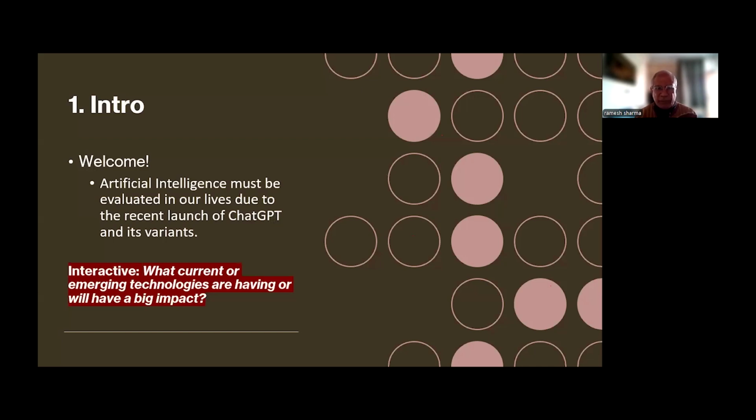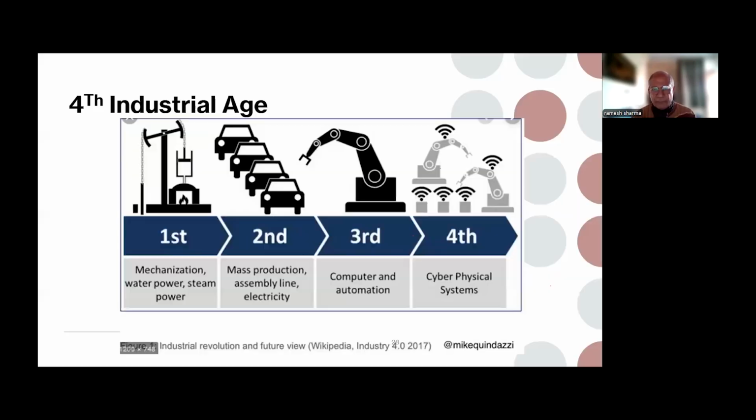So if we believe that artificial intelligence is impacting all spheres of our lives, what current technologies will have a big impact on our lives in various areas? I hope you all know Professor Klaus Schwab, the World Economic Forum president.